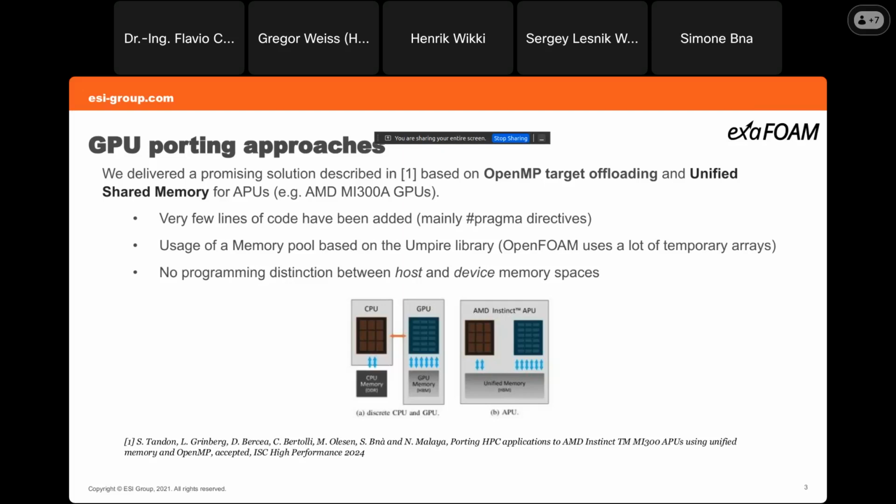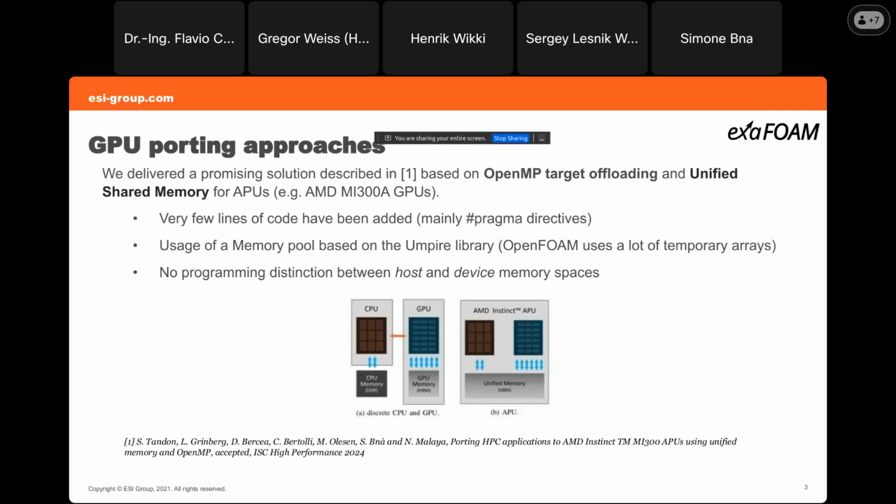Using this approach, we have some advantages. One of the most important ones is that you can put a few lines into the source code, mainly pragma directives, where you have the most expensive loops, and because the data management is done in an implicit way by the driver, also by the card, since the memory is completely shared between CPU and GPU.